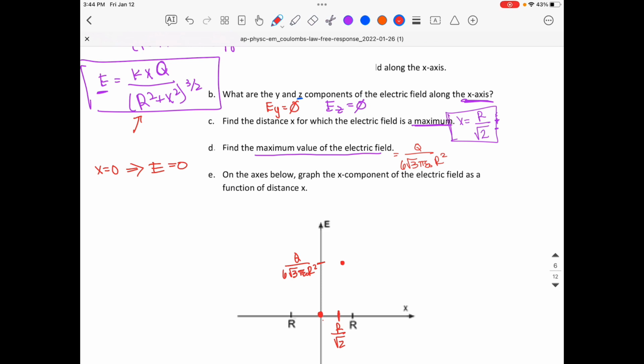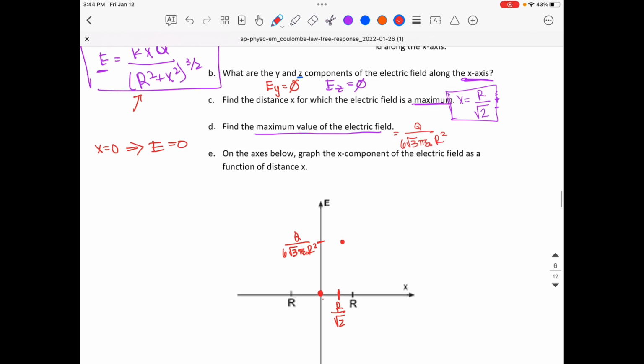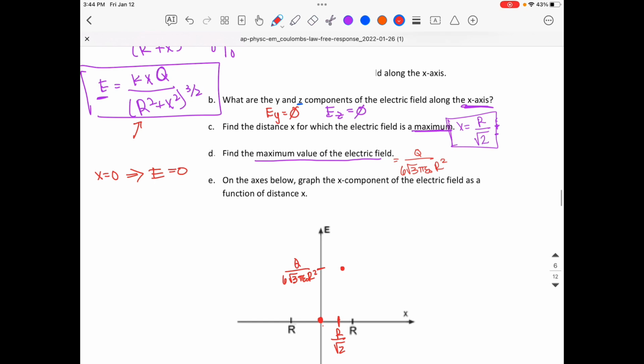Now, I had a positive and a negative R over root 2. So I know that if I were to put a negative value in here, we'll see what happens. I have a negative R over root 2 for x, which makes this a negative in the numerator. A negative R over root 2 in the denominator keeps this positive, and so the expression is going to be the same.